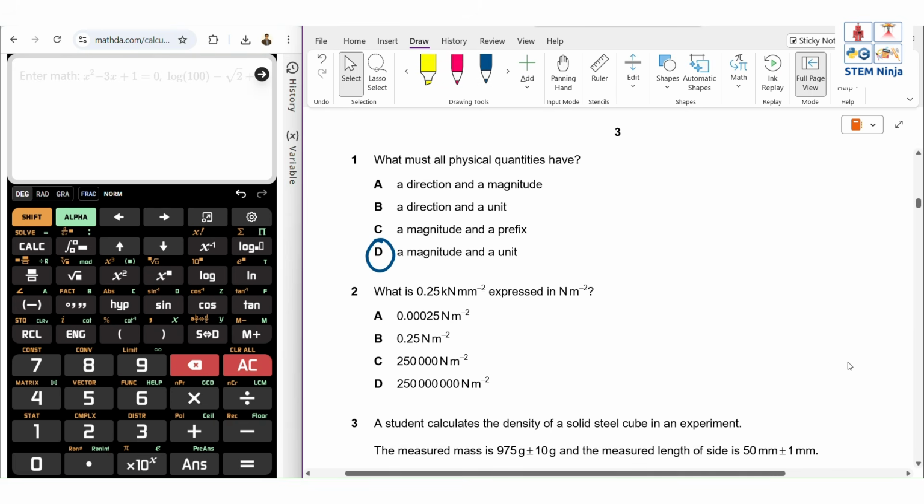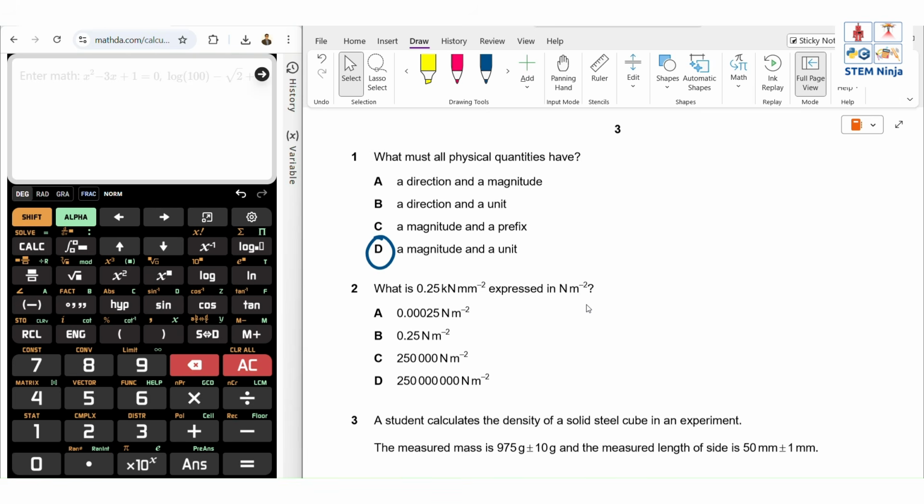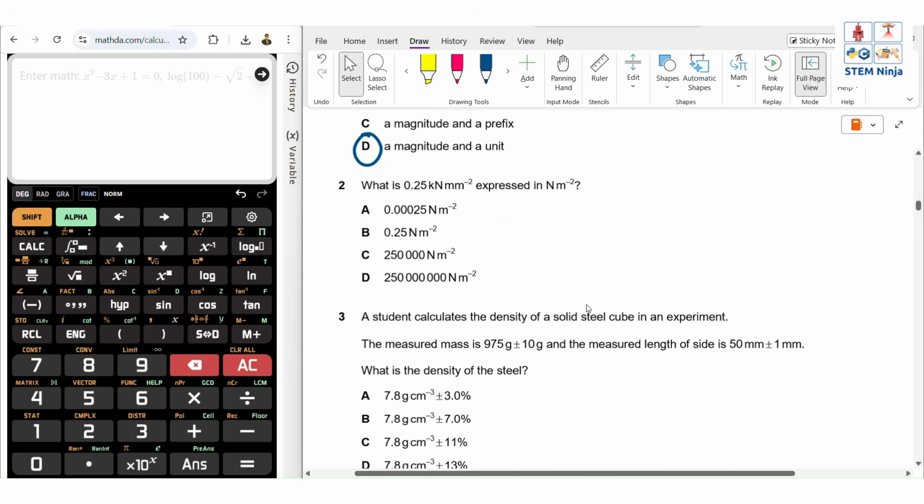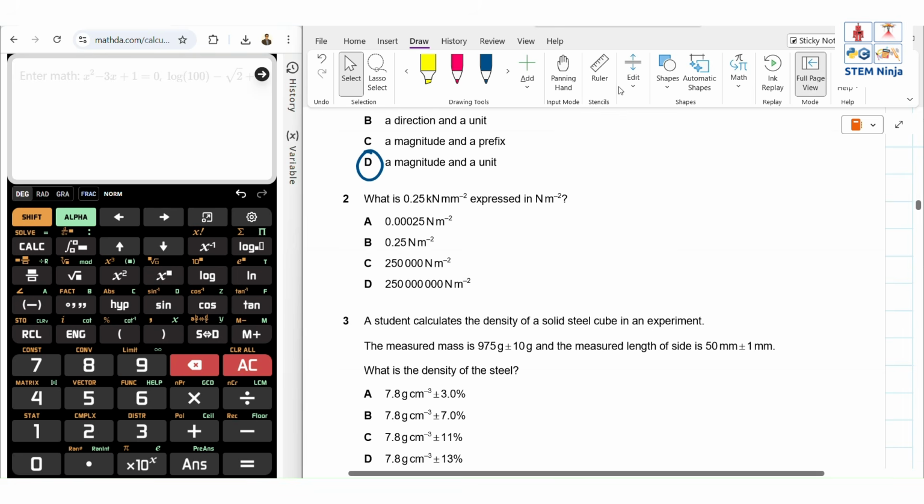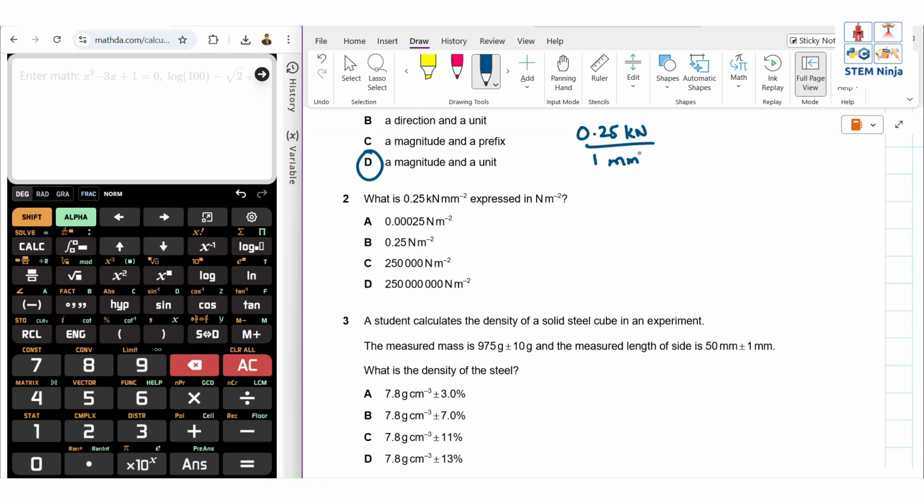What is 0.25 kilonewtons per millimeter squared expressed in Newton per meter squared? Okay, so this is simple basic math. We need to be able to convert kilonewtons per 1 millimeter squared into the equivalent form, Newton per meter squared. To go from kilonewtons to newtons, we multiply by 1000 or 10 raised to power 3.